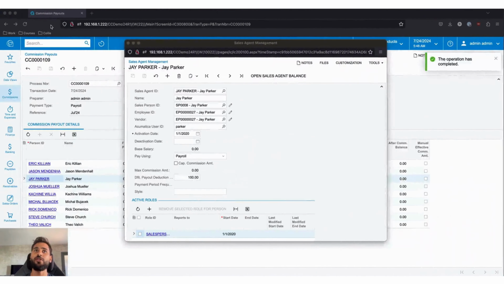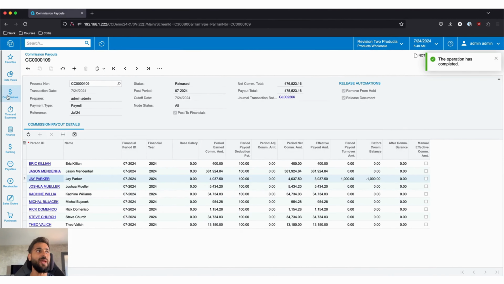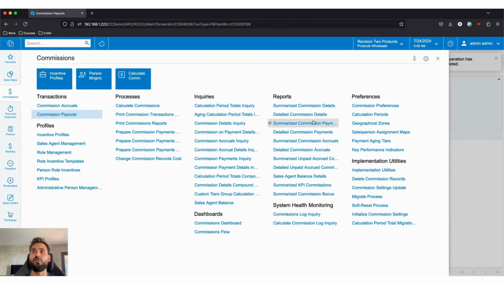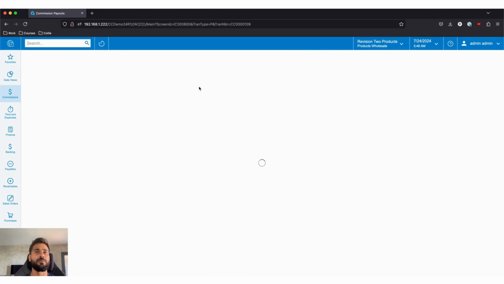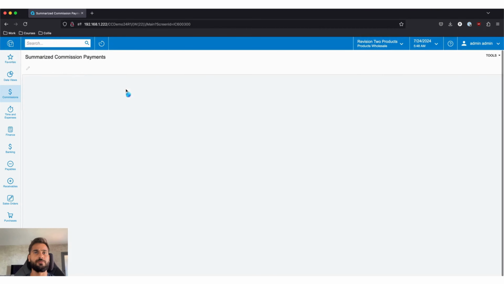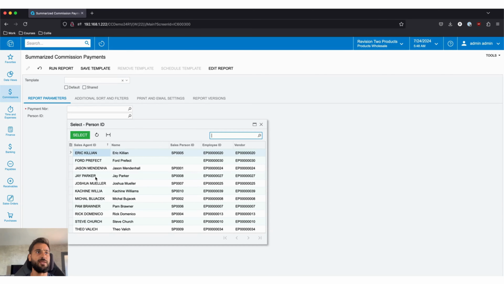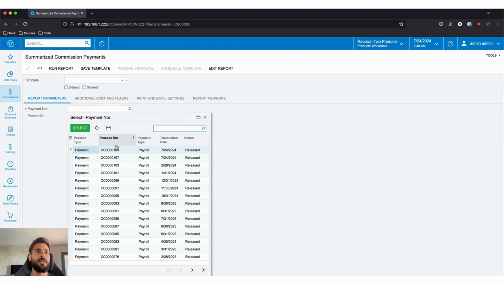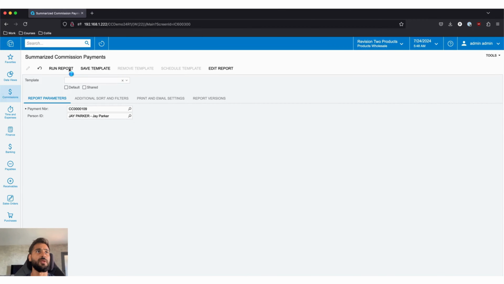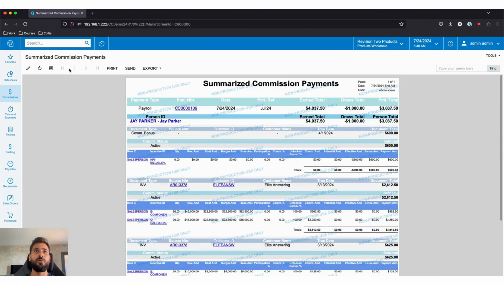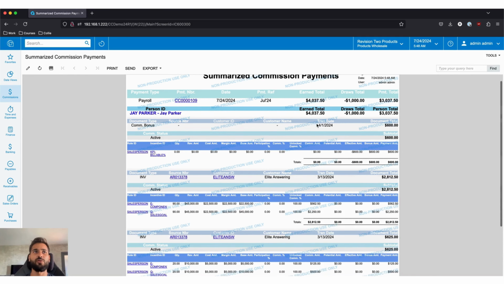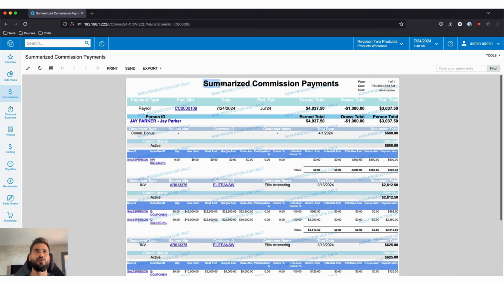And now I'm going to show you how the payment report looks for Jay. So I'm going to go into the summarized commission payments. I'm going to select Jay as the person I want to create a report for, and I'm going to select the last payment over here. So by running the report, what Jay is going to receive is the following. This is a summarized one.